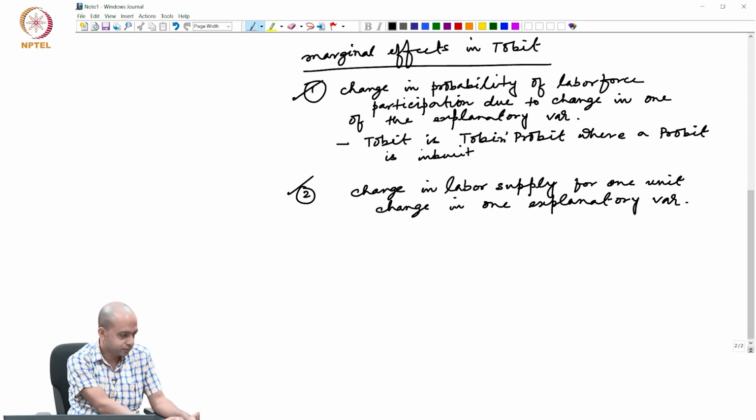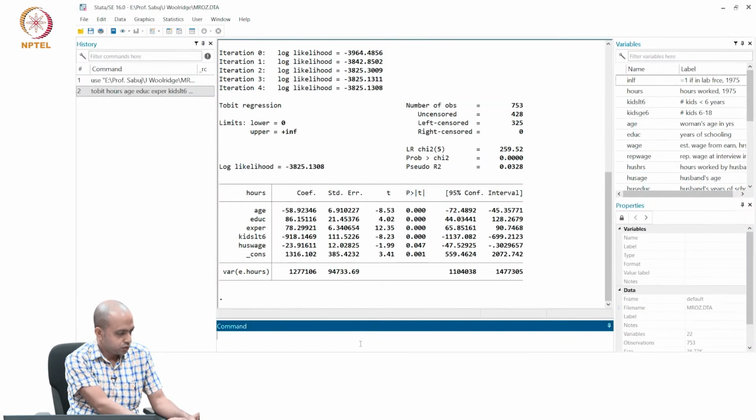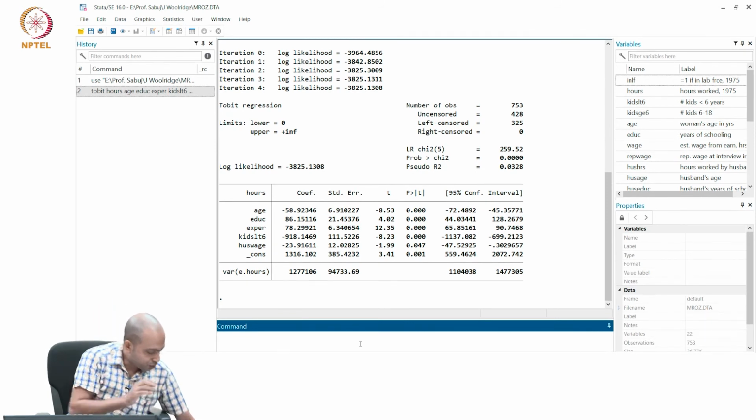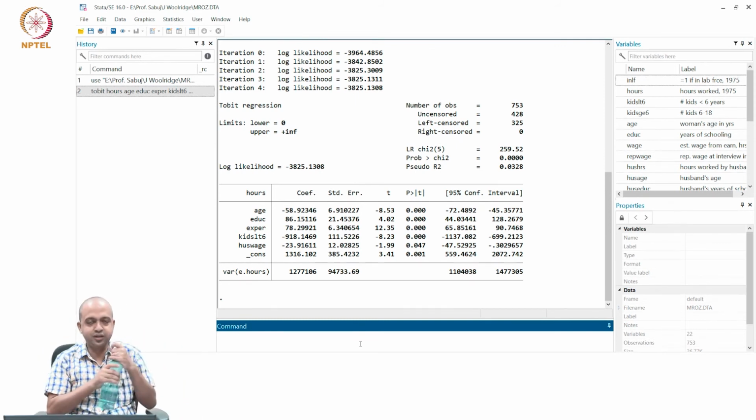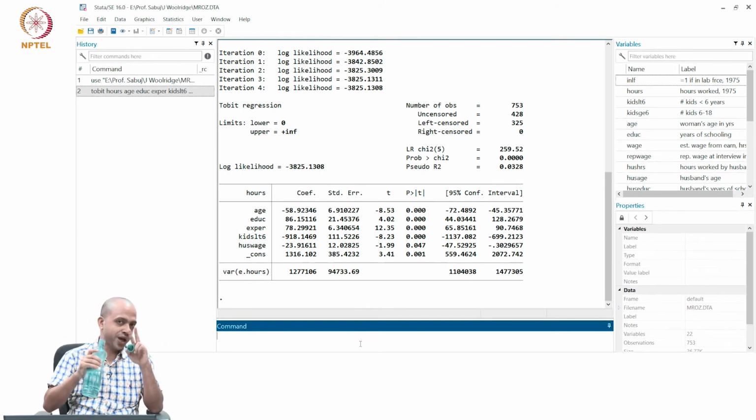Now, let us see. Once you estimate the Tobit model, there are two types of marginal effect, as we said, that we can get, and for that two specific commands are required.